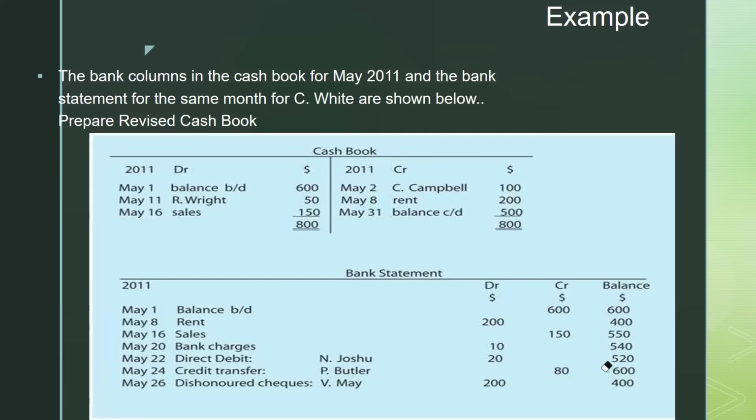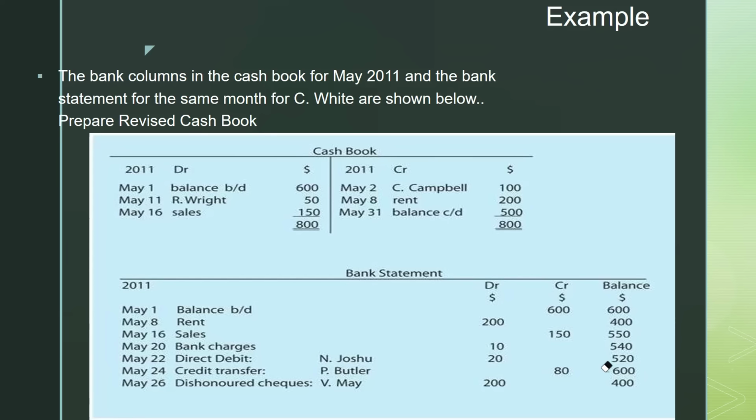Unpresented checks are checks that we paid to persons, but they didn't carry it to the bank as yet. So if we paid it to them, would it be on the debit side or credit side of our cash book? Credit. Would it be in the bank statement, if they didn't present it to the bank?